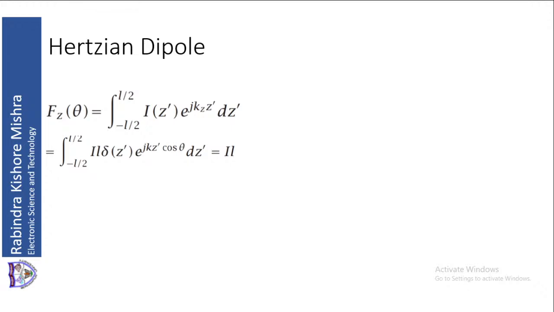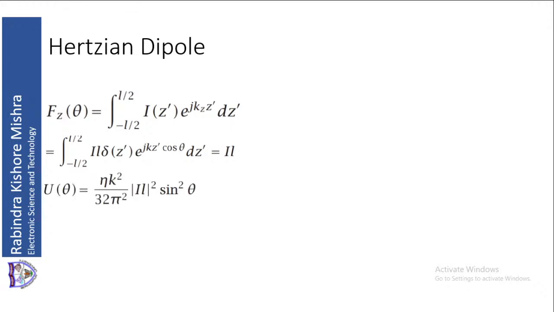So put that in, with exponential j k z dash cos theta, into dz. Now if you use the Dirac delta function and its property, this integration will give us I into L. So Fz is equal to IL for a Hertzian dipole.